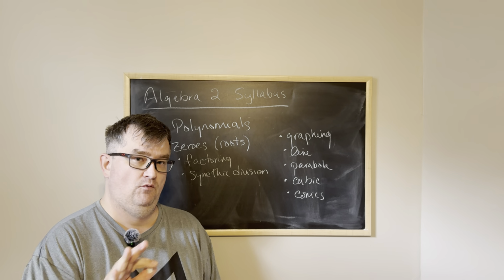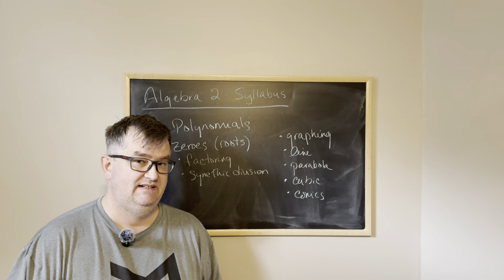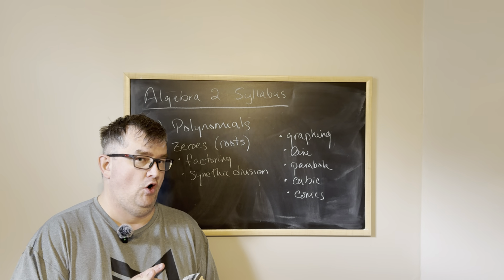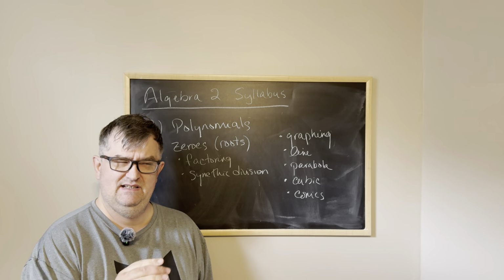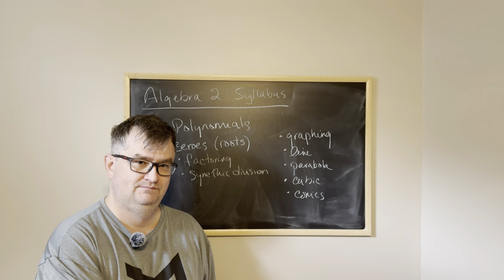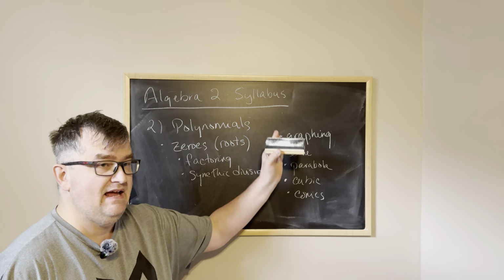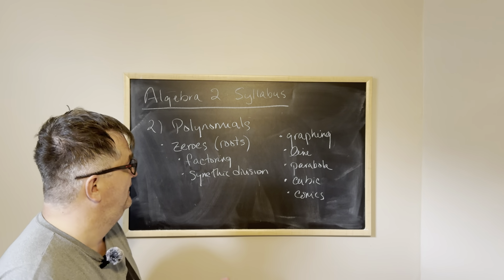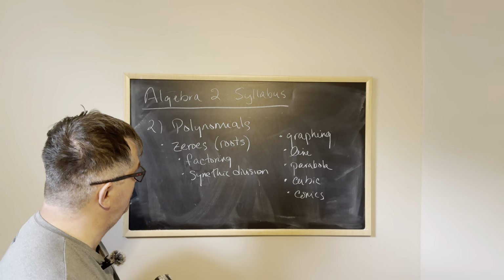Out of those 4 conics, for upper level math, you need to have intimate familiarity with all of them except the hyperbola. The hyperbola is somewhat more rare than the other 3. But you need to be able to graph these comfortably and figure out their zeros, their intercepts, and so forth.